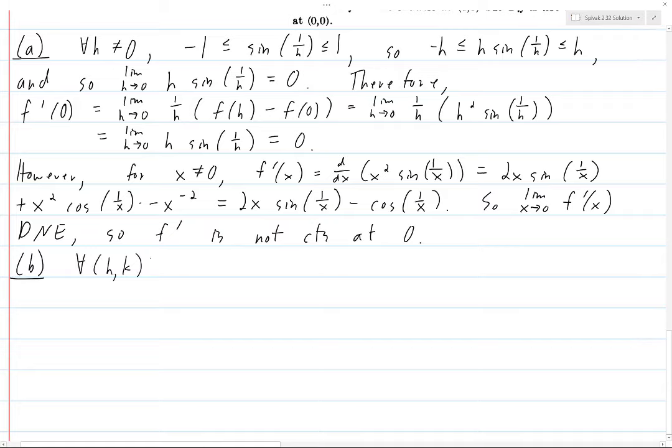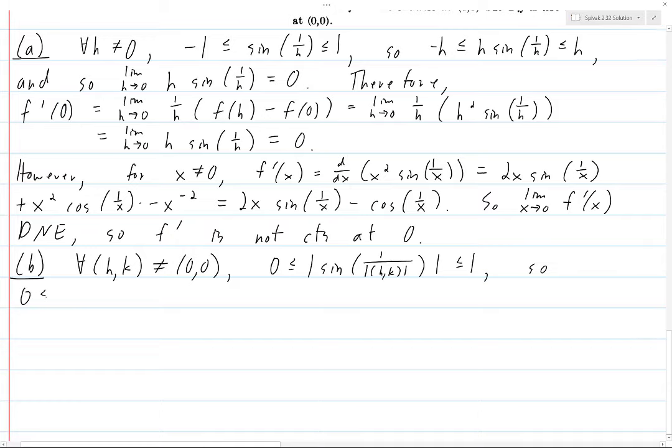So for each vector (h,k) in R², which is non-zero, we have 0 is less than or equal to, and now we're using absolute values, sine of 1 over the norm of (h,k), which is less than or equal to 1.